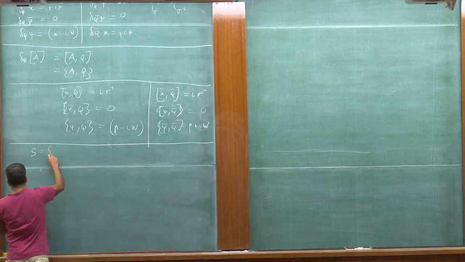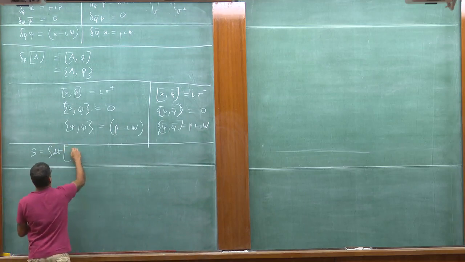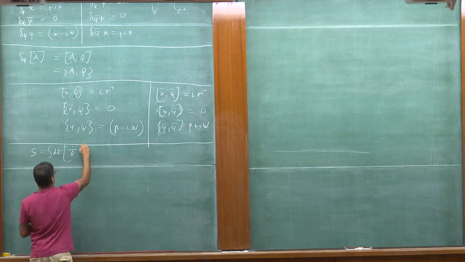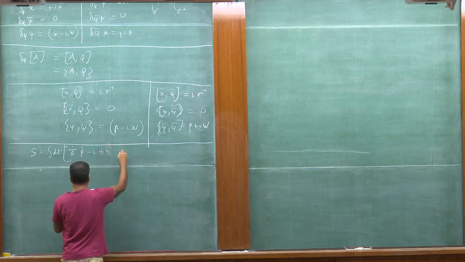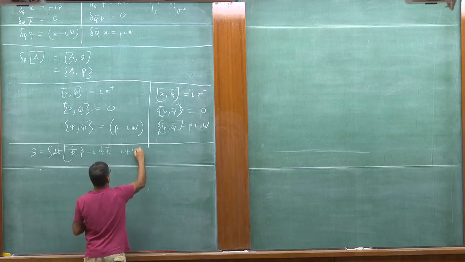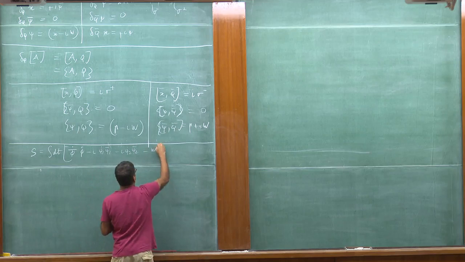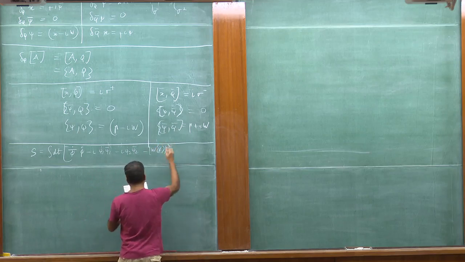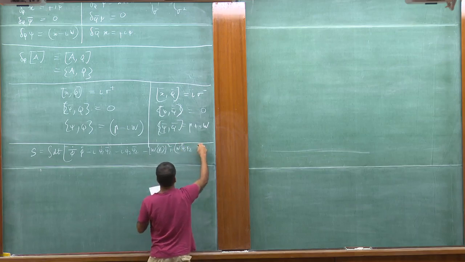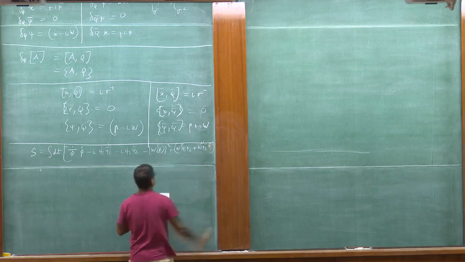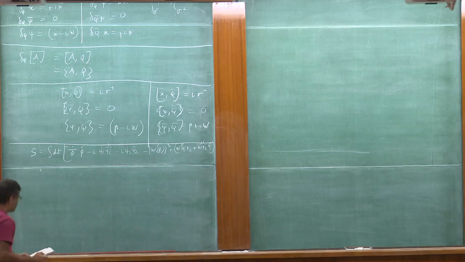The action for this theory was equal to phi bar dot phi dot minus I psi 1 dot psi 1 bar minus I psi 2 dot psi 2 bar minus W prime mod phi squared plus W double prime psi 1 psi 2 plus complex conjugate, which is the same thing as plus W bar double prime psi 2 bar psi 1 bar. Okay, this was the model we were studying.